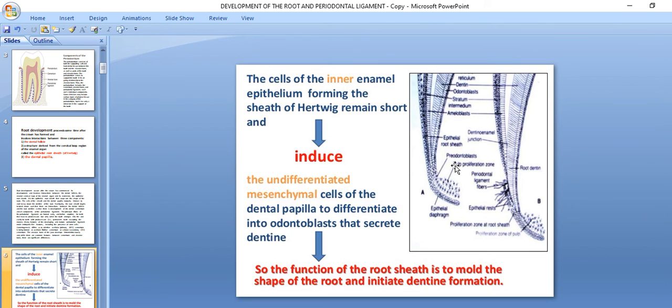This double layered epithelial root sheath, which is also called Hertwig's root sheath, proliferates apically to map out the shape of the future root. The primary apical foramen at the growing end of the epithelial root sheath may subdivide into a number of secondary apical foramina by the ingrowth of epithelial shelves.